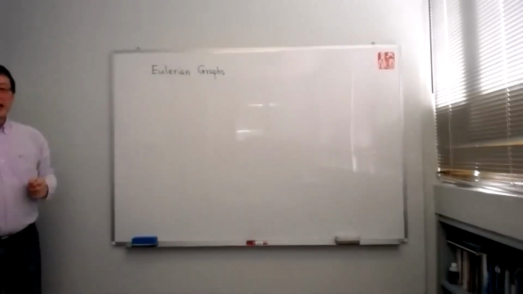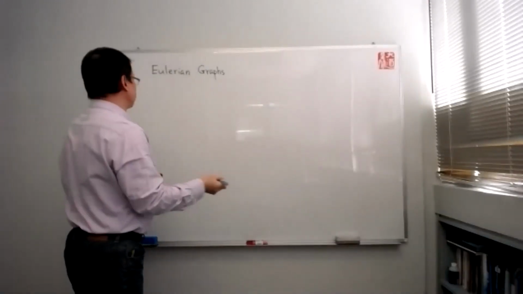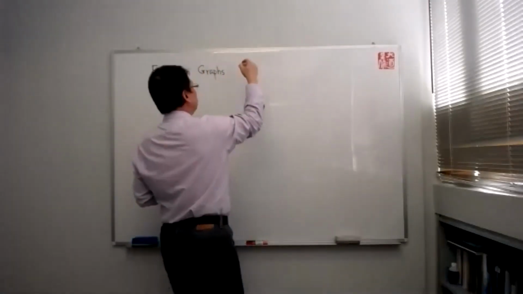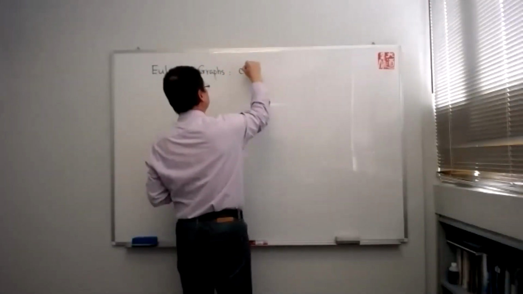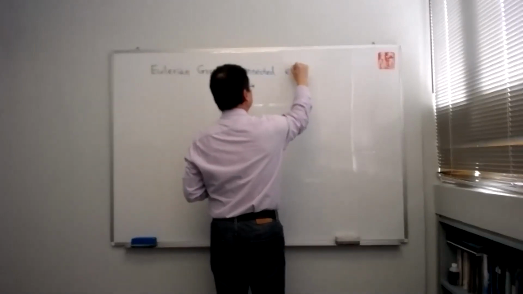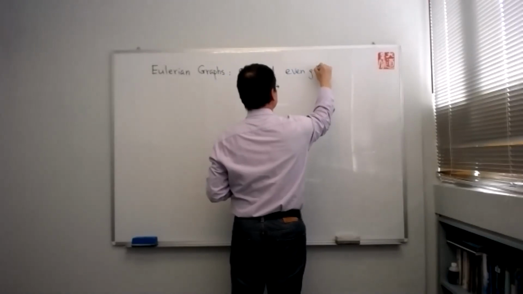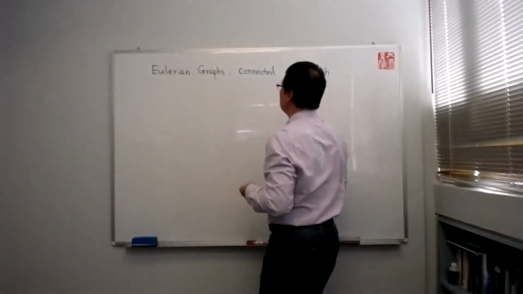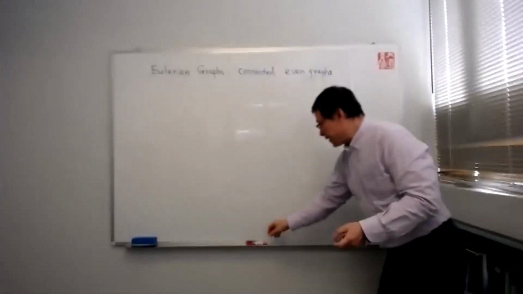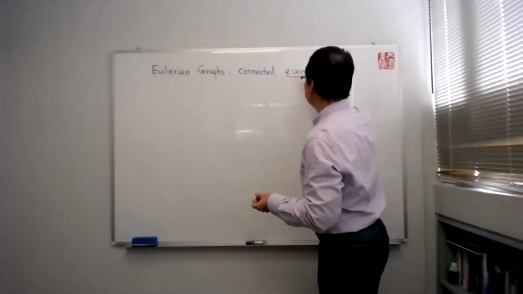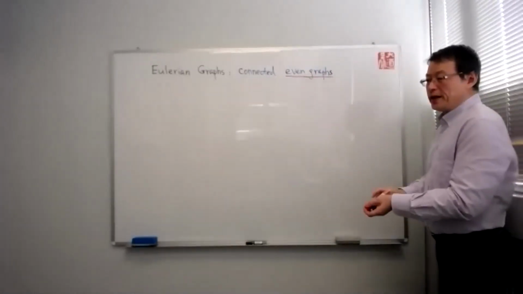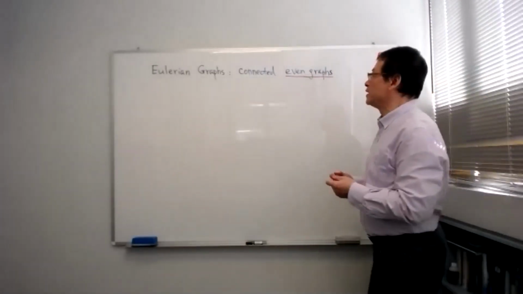In the sense of an Eulerian graph, there are two notions: one is connected, one is even. An Eulerian graph means a connected even graph. Here, even refers to degree. A graph is an even graph if every vertex has an even degree.